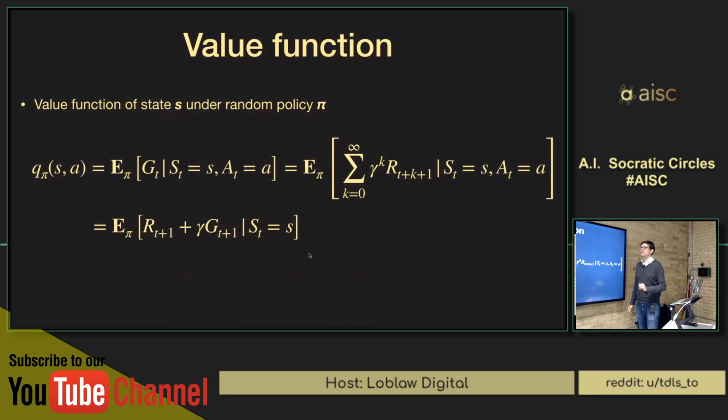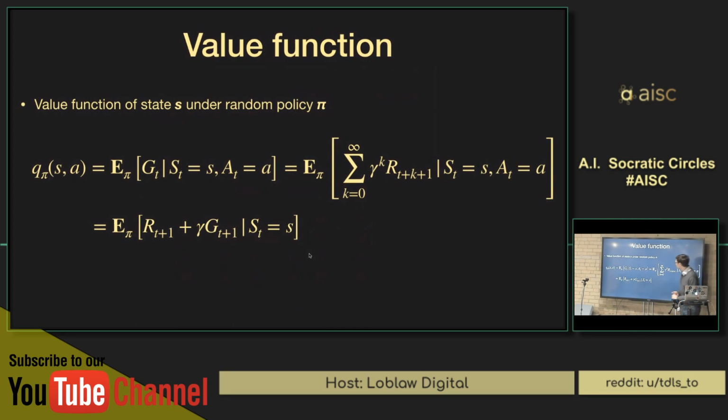So what's the value function? The value function is a way to estimate the value of a certain state under a certain policy or random policy. So you're in a certain state, and you want to know how good this state is. One way to describe it is saying the value of the state and action is the future G_t, the future discounted rewards given the state and action, and you just sum it up.